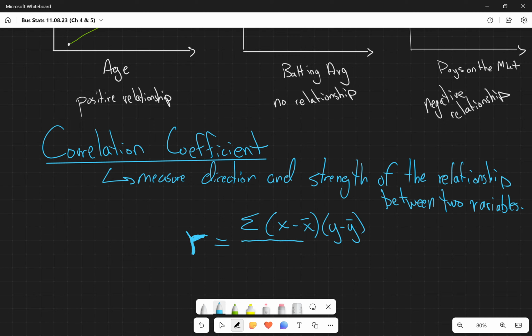And then we're going to divide this whole mess on the top by n-1 degrees of freedom times the standard deviation for x times the standard deviation for y.